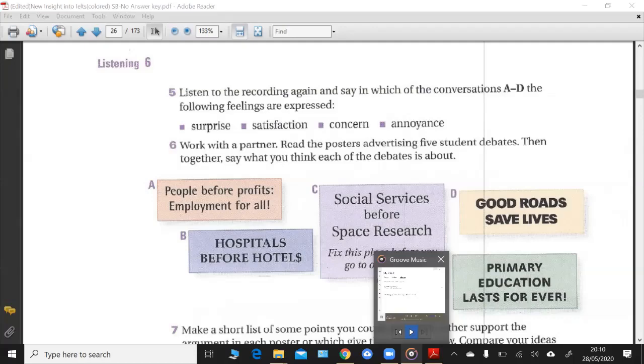They were not annoyed. I mean the first conversation, when the books were not available. So were they annoyed, or did they have a concern? They are concerned. You cannot choose two for one answer. So the first one is concern. Okay, we'll go to the next one and we'll come back again.